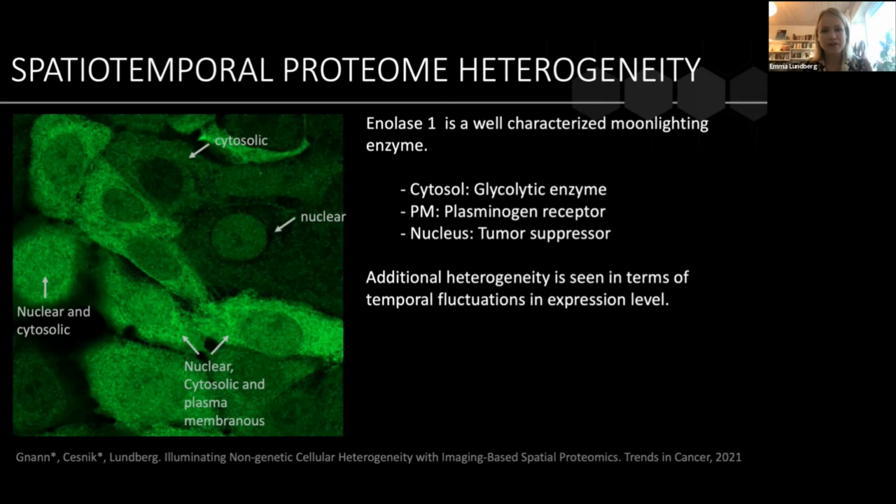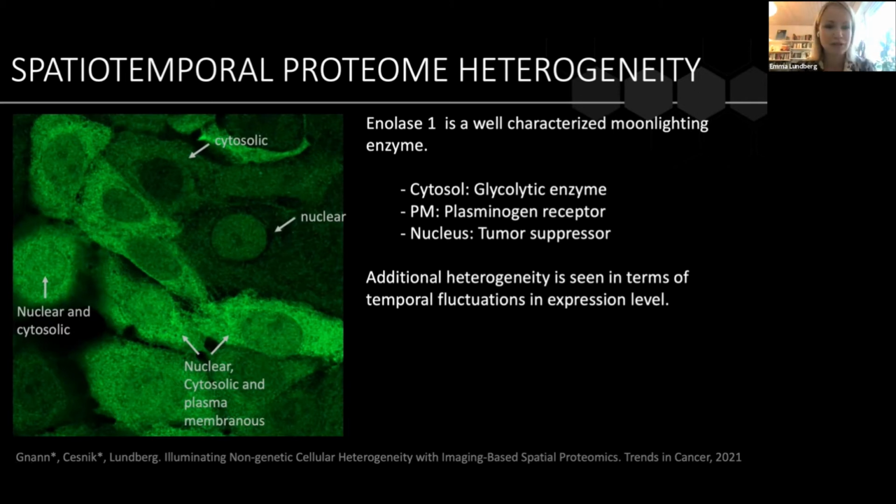But we can compare the intensities within one experiment. So here we can say that these cells express the protein at a higher level than this cell. So there is also additional heterogeneity in terms of what we call cell-to-cell variation, which most often corresponds to temporal heterogeneity of the protein expression.